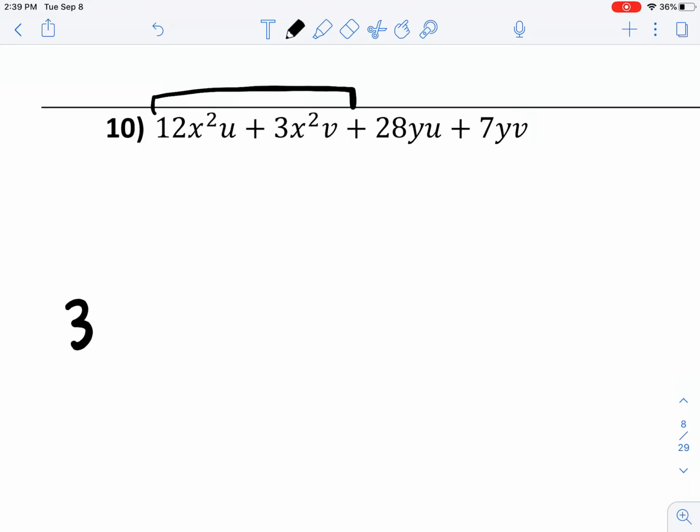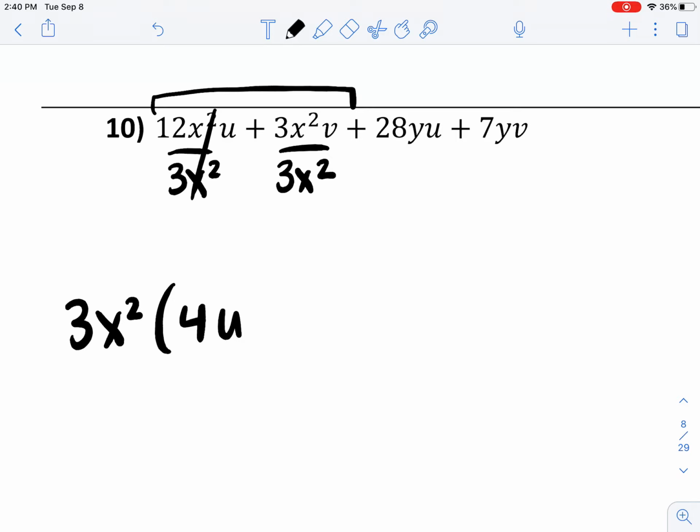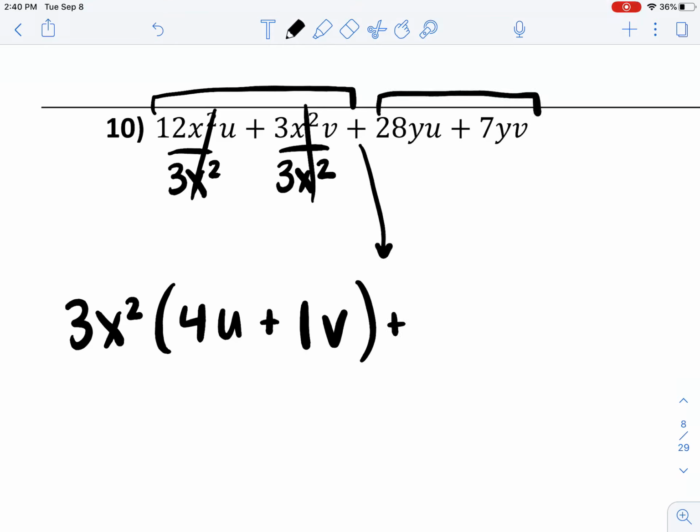GCF of my first group is 3x squared. So I'm dividing by 3x squared. I am left with 4u plus 1v, because 3 divided by 3 is 1, and I have to bring down v. Then I bring down my plus sign. The GCF of 28 and 7 is 7.